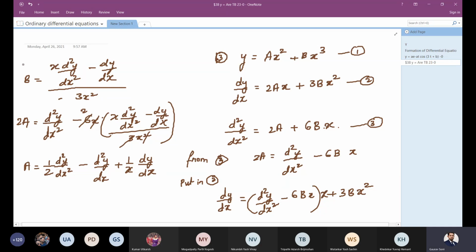Okay, so you can put these two values and find the final solution. Please tell me what is the differential equation you get after substituting this.